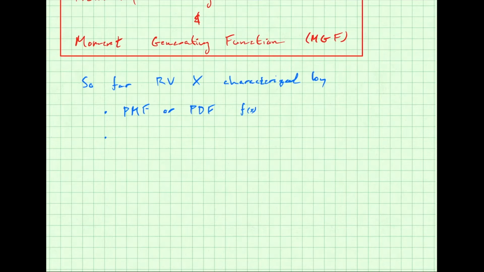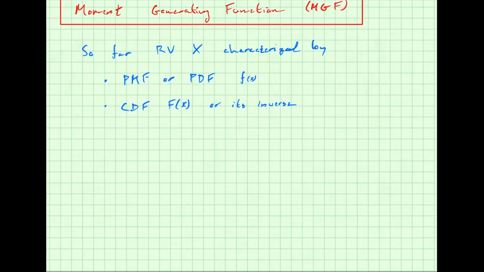The cumulative distribution function is another thing we use to characterize the random variable. Or the inverse of that, the inverse cumulative distribution function. We also talked about the expected value and the variance.